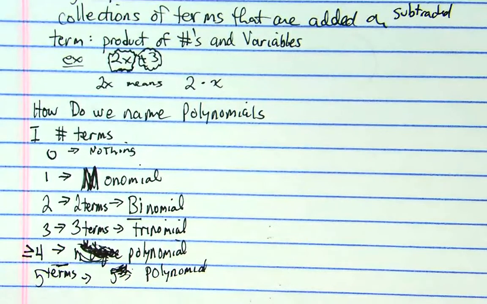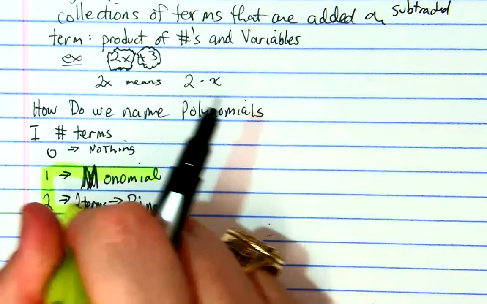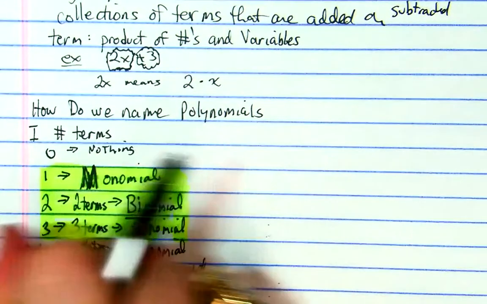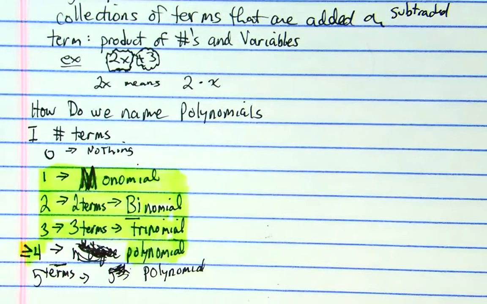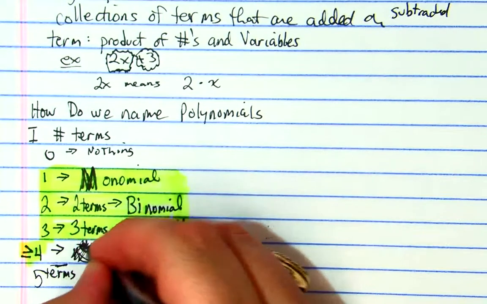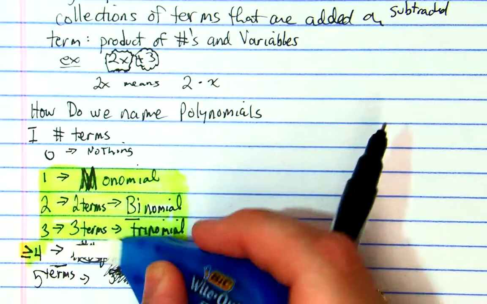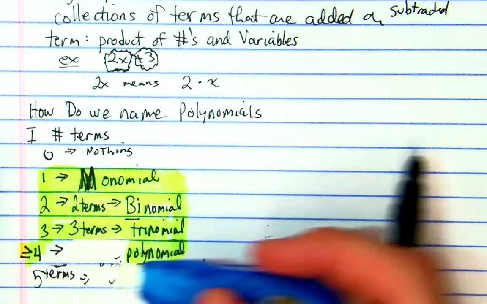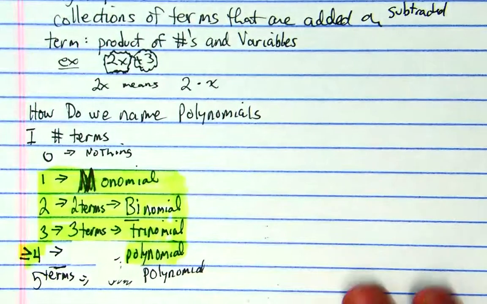The only special names we have are for 1, 2, and 3. Everything else is just a polynomial. I apologize, I'm making this video at the end of the day. It's a long day. When it's greater than or equal to 4, it's just called a polynomial. So, ignore that. I've got some white out, so I can put it over it so it doesn't even look like it's there. Alright, so it's not even there.